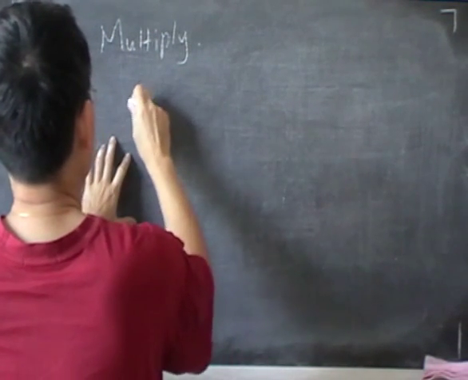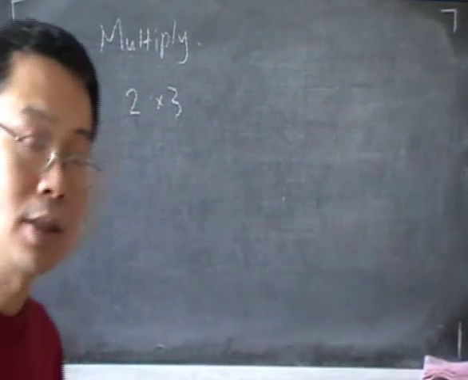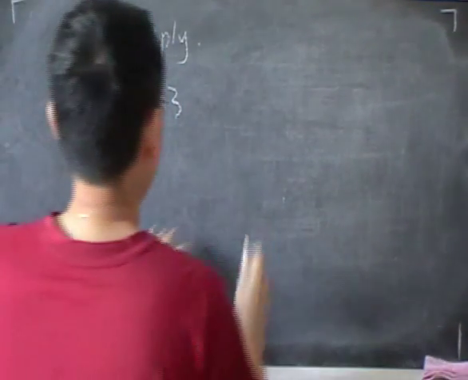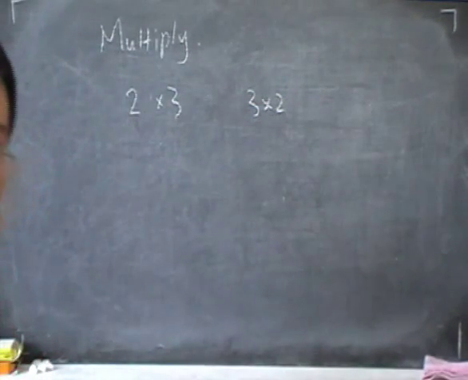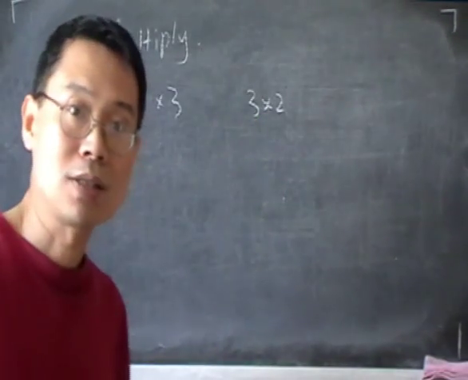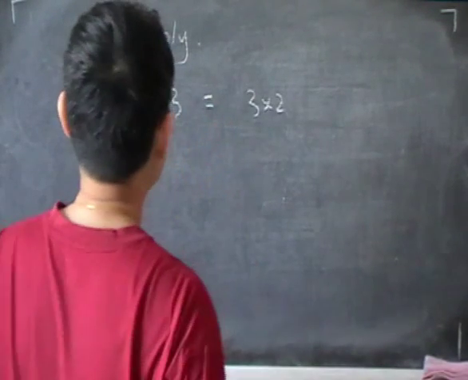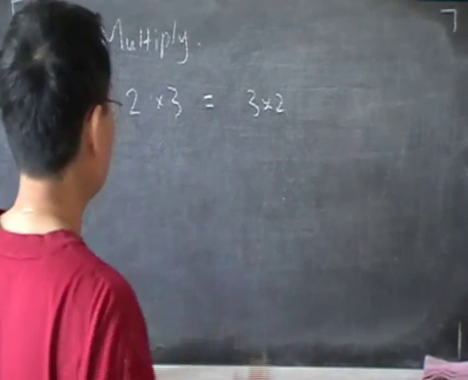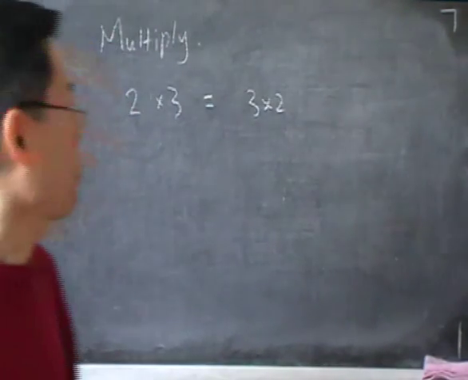If I have, say, 2 times 3, I know that the answer is 6. But what if I have 3 times 2 instead of 2 times 3? Well, clearly 3 times 2 is also 6, and we are all used to thinking that 2 times 3 and 3 times 2 is the same thing, no difference, right?